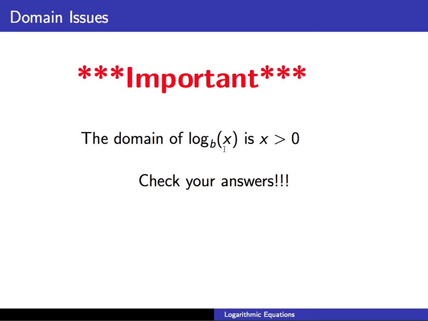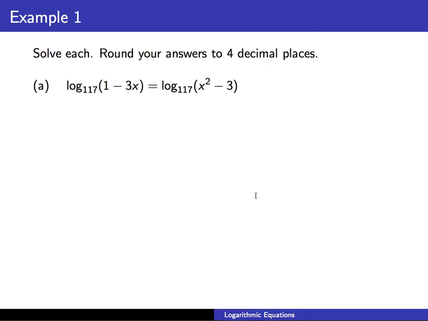It's what we get when we evaluate what's inside the logarithm. Depending on what we're taking the logarithm of, we might get a value of x that could be 0 or negative, but when we plug it into the function, the result is that we're taking the log of a positive number. So always be sure to check your answers for logarithmic equations.